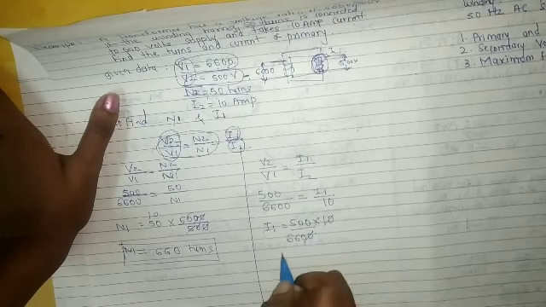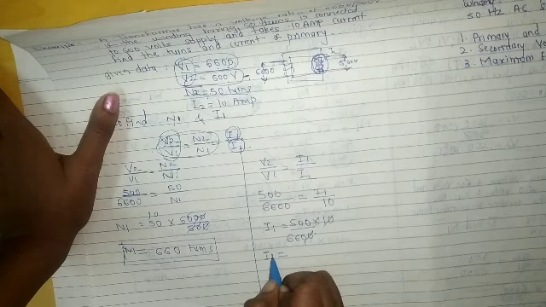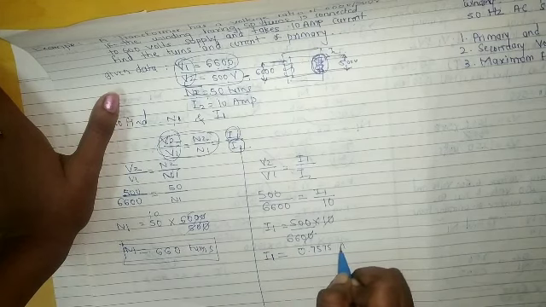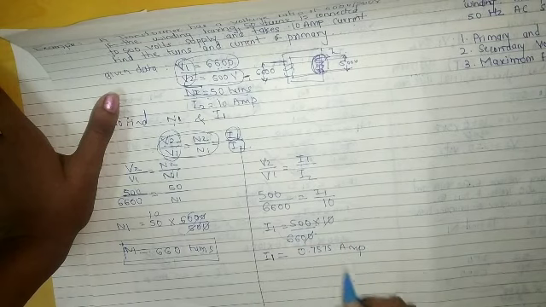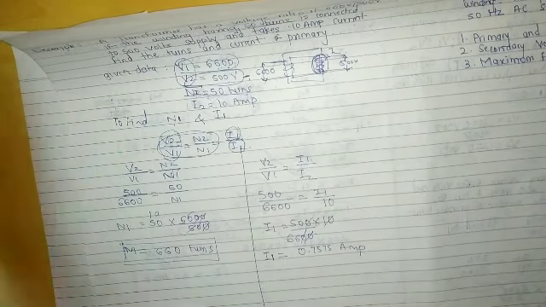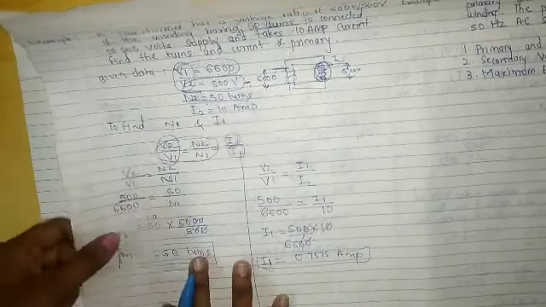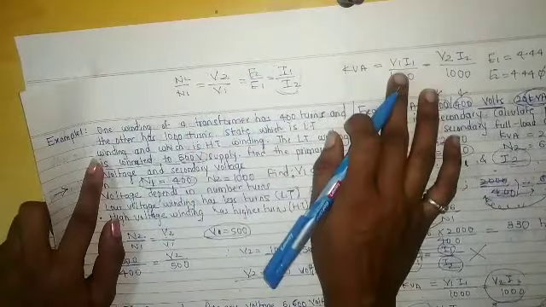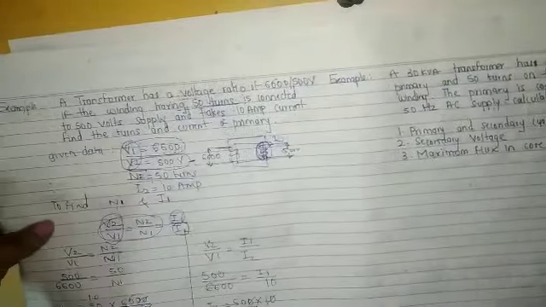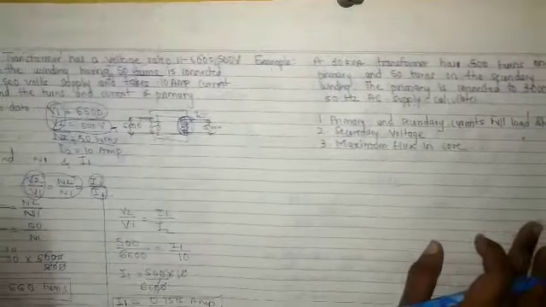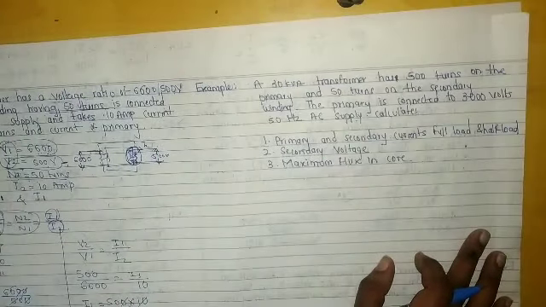Our answer for I1 is 0.7575 ampere. So this is I1, right? All examples are based on this formula and this formula and this formula. You just have to remember the formulas, and if you know where to apply which formula, then it is very easy. Now we'll go to the last example.